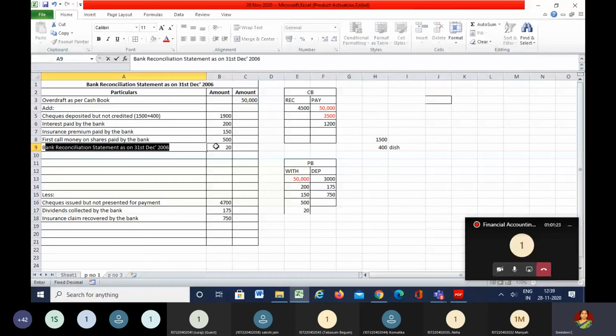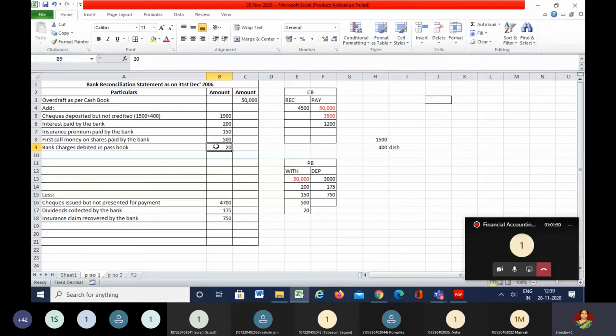By this time you should be able to know which book is going to increase and which is going to decrease, and whether it is to be added or deducted. Just look at the opposite book which you are trying to find out, and accordingly you can decide whether the given amount is to be added or deducted.